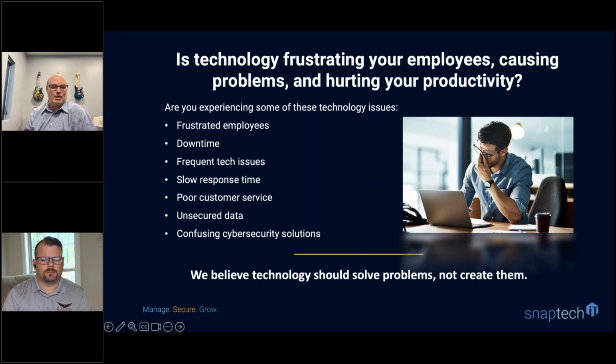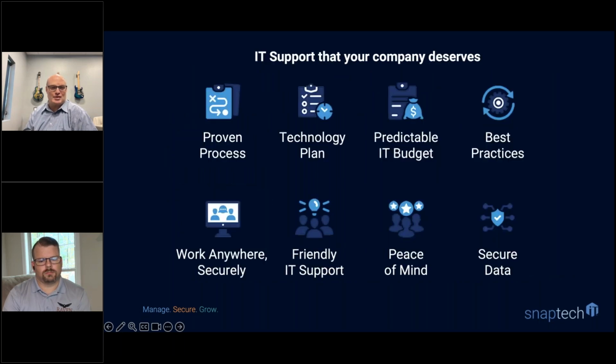So we're here to try to make happy and productive employees through technology enhancements. We have a proven process on how we do this. We do technology plans, we follow best practices, we do predictable IT budgeting for years in advance, helping you work securely anywhere. We're very friendly. I think that's a big difference maker for us, is that you're going to be talking to people that are our team members.